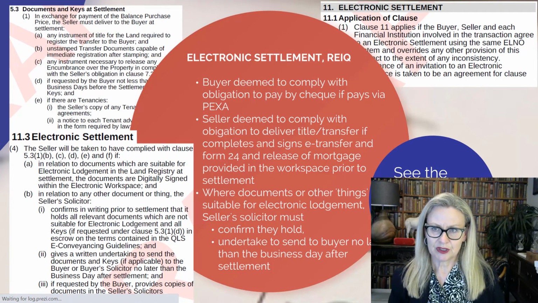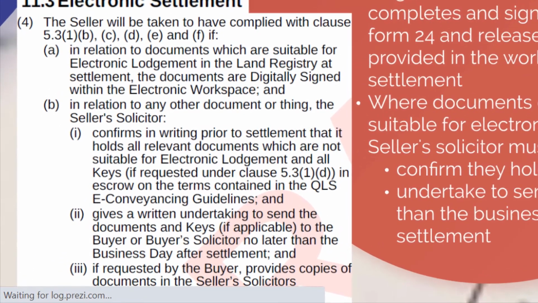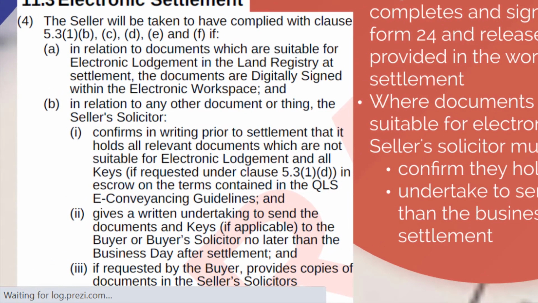Under the electronic settlement framework in the REIQ standard contract, the buyer will be deemed to comply with their obligation to pay by cheque if they pay via PEXA, and under 11.3, the seller is deemed to comply with the obligation to deliver up title and good transfer if it completes and signs the e-transfer in Form 24 and any release of mortgage in the workspace prior to settlement.